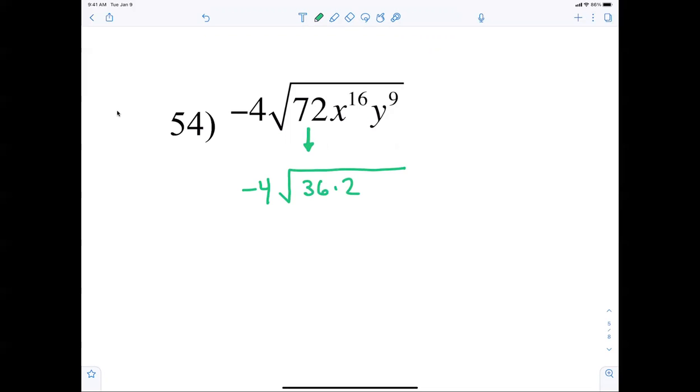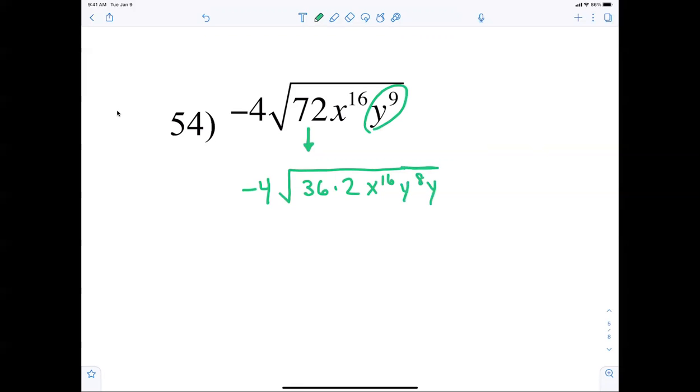If you're looking for the largest perfect square, it would be 36. And then leave x to the 16th, but y to the 9th has to come out as y to the 8th and y.